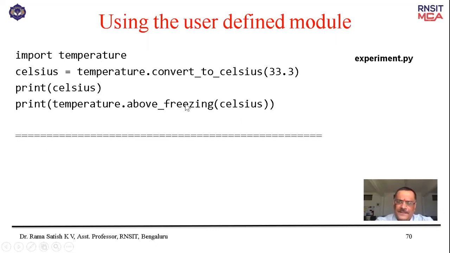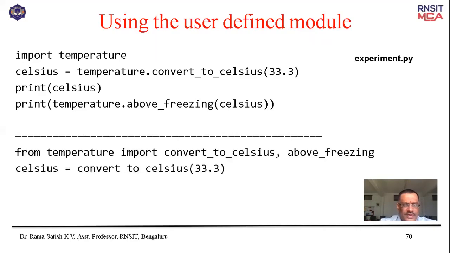You know very well, import can be done in two different ways. The first one is directly import the module name. The second type is you can import using from the module name, from temperature, import the particular function or particular variable. So we are using from import.